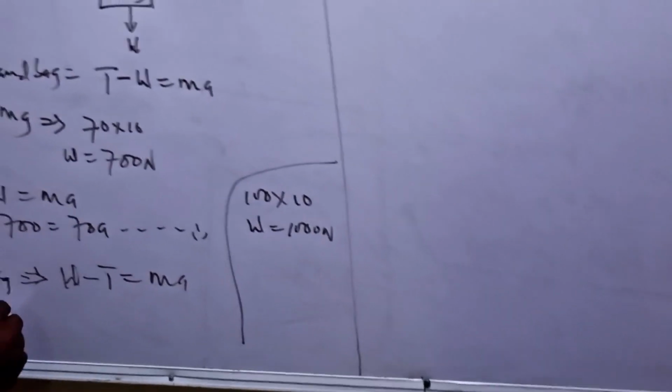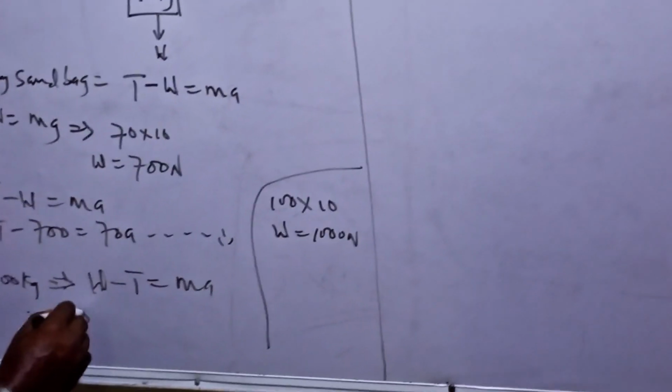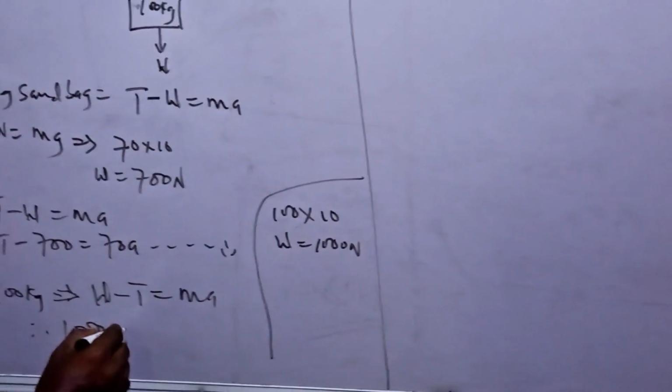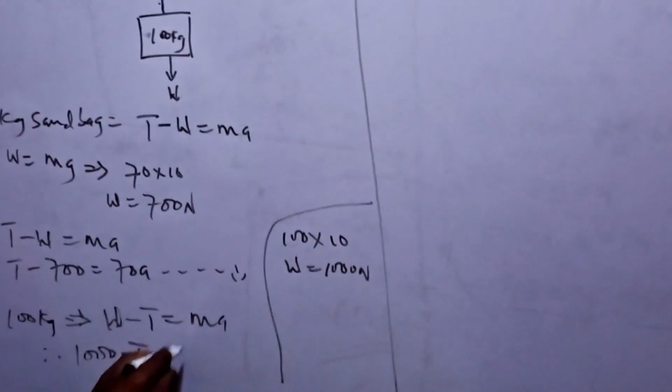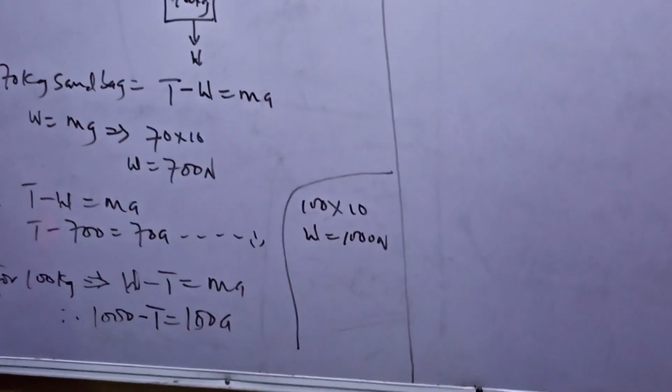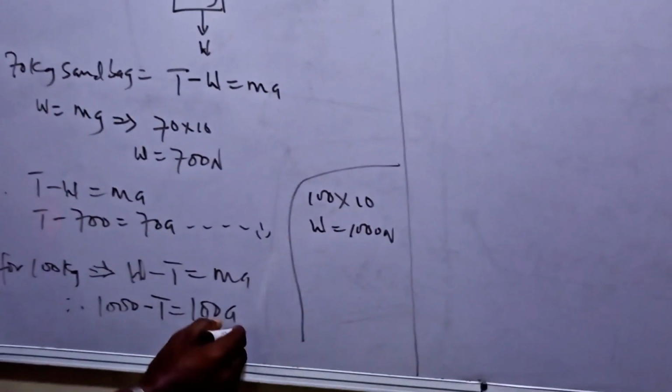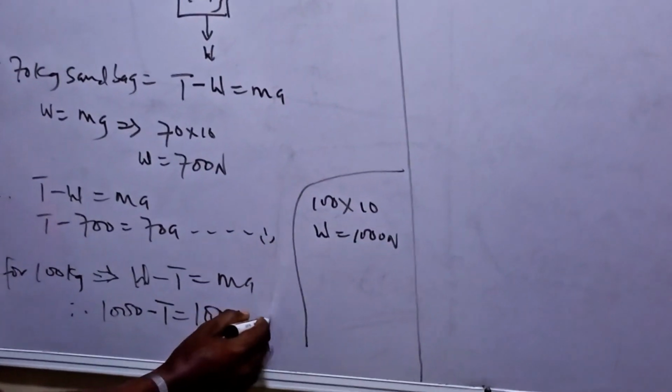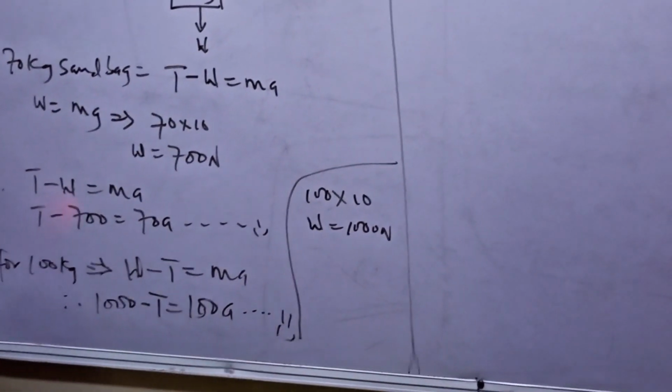Therefore we have 1000 minus tension equals the mass of 100 multiplied by acceleration. We'll refer to this as equation 2.